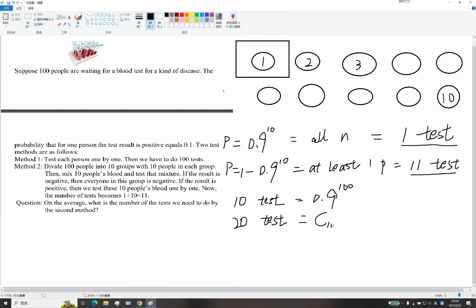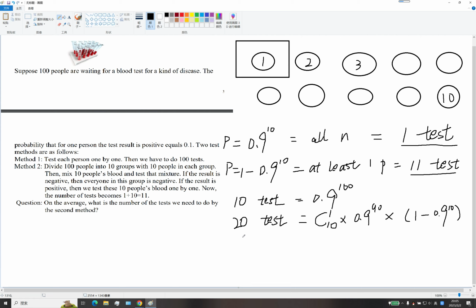This is C(10,1) multiplied by the probability that the other groups are all negative, which is 0.9 to the power 90, and there is one group that is positive. So this is the probability that we should do 20 tests.